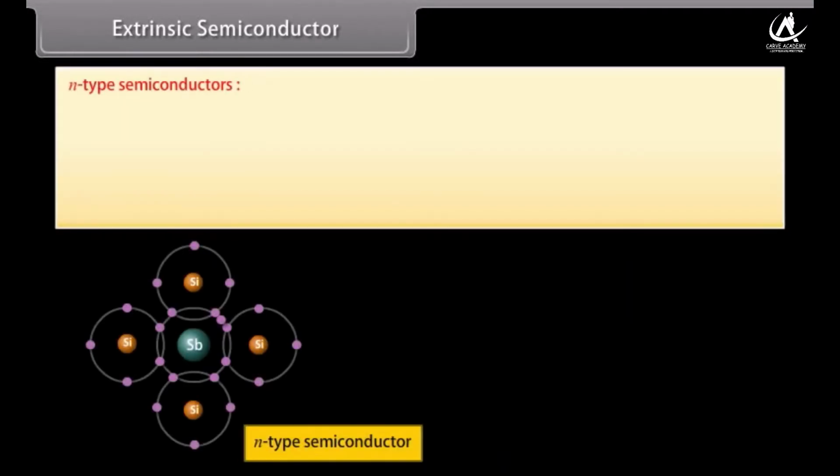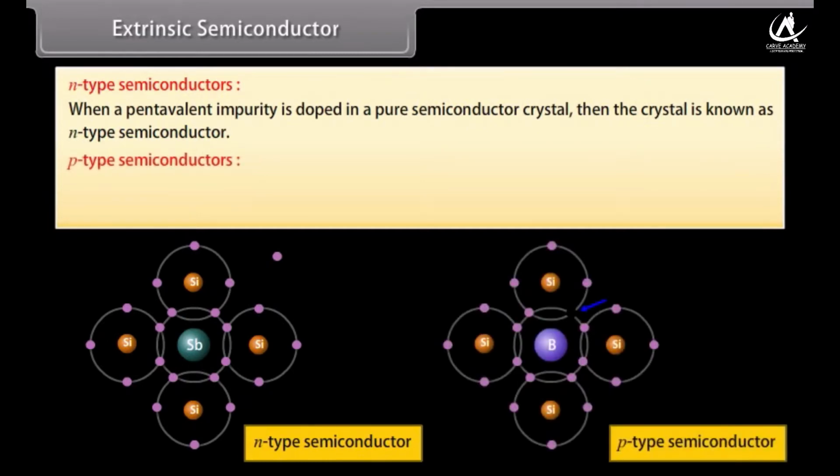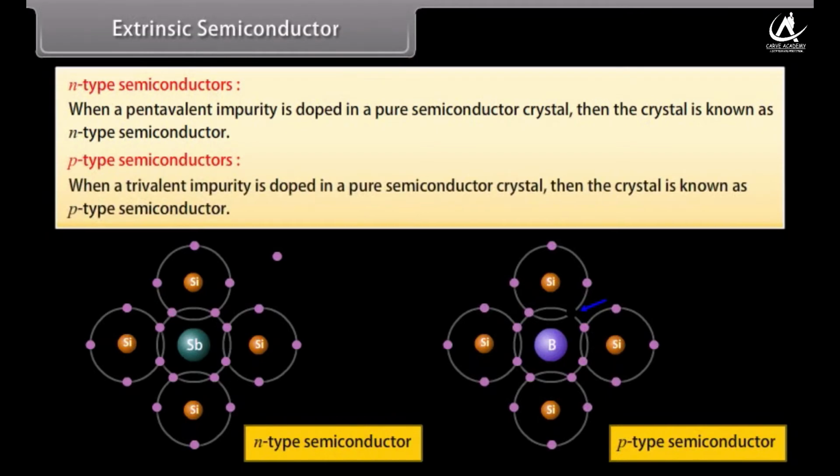N-type semiconductors. When a pentavalent impurity is doped in a pure semiconductor crystal, the crystal is known as N-type semiconductor. P-type semiconductors. When a trivalent impurity is doped in a pure semiconductor crystal, the crystal is known as P-type semiconductor.